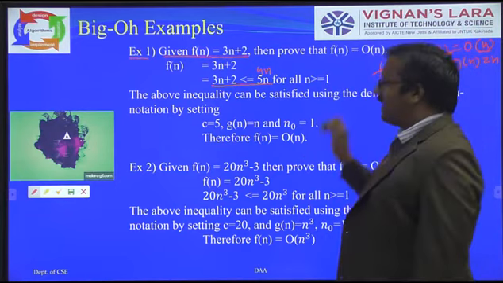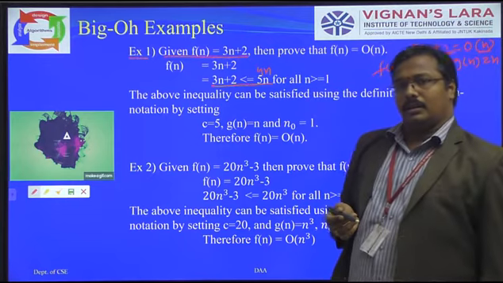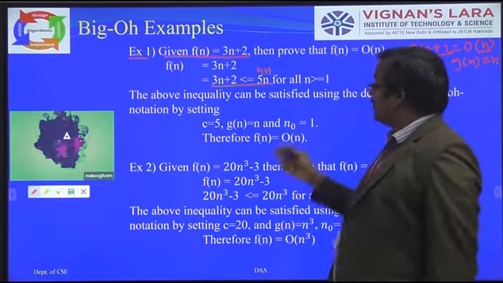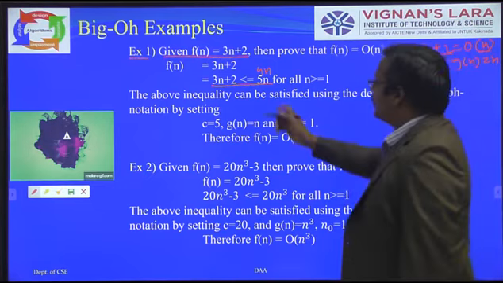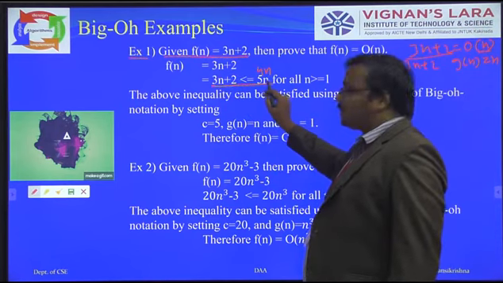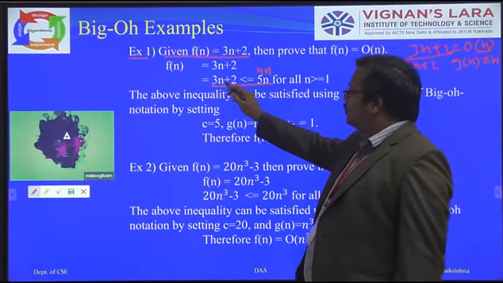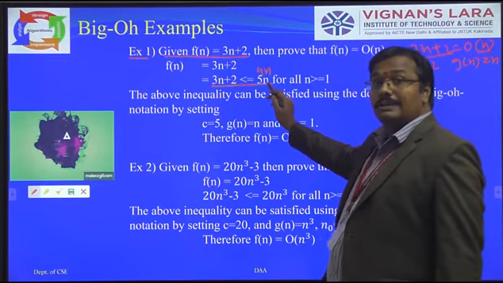But here the starting value changes. Suppose you put 4n, the n value is satisfied from 2 onwards. Suppose you take 5n, the n value is satisfied from 1 onwards. Substituting the n value, 3 plus 2 is 5, and 5 is less than or equal to 5. The condition is true. Suppose n value is 2, 3 into 2 is 6, 6 plus 2 is 8, and 8 is less than or equal to 10.